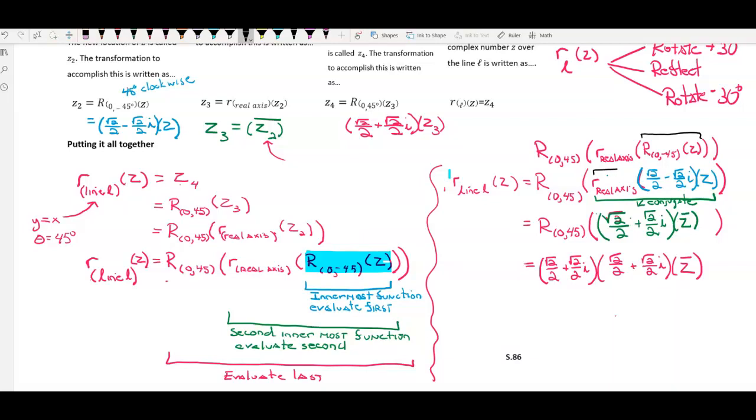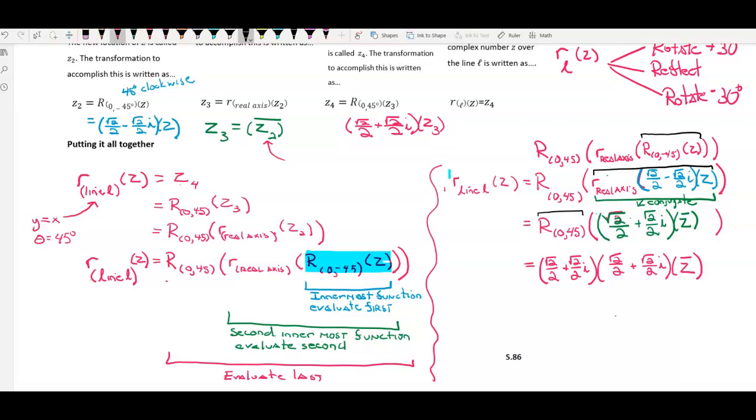Then I took this whole thing out and replaced it with its conjugate. Then I replaced this with the complex number that would rotate it 45 degrees counterclockwise.